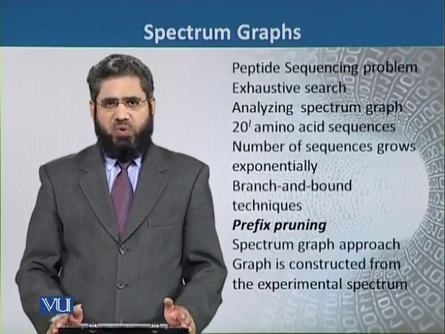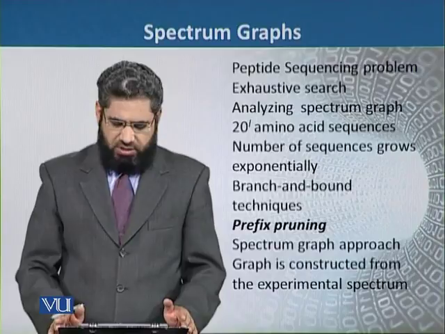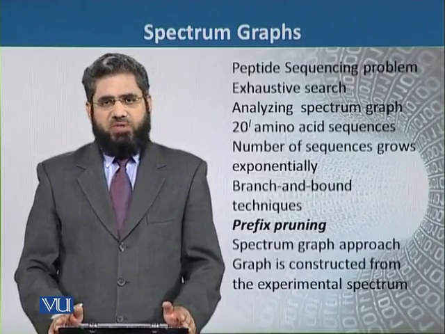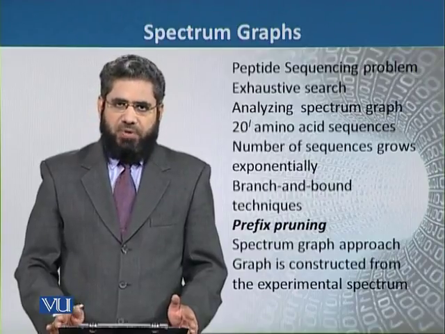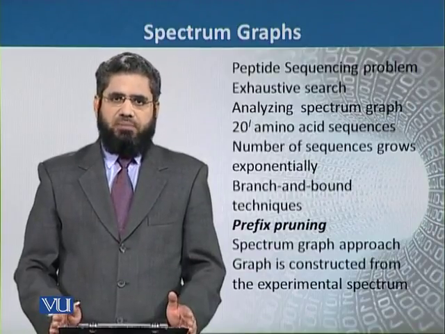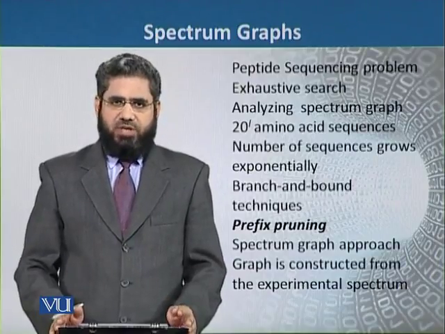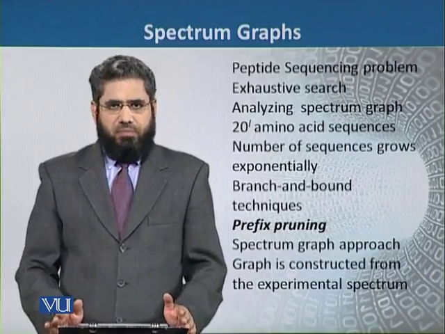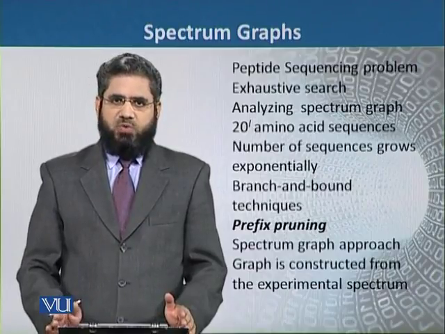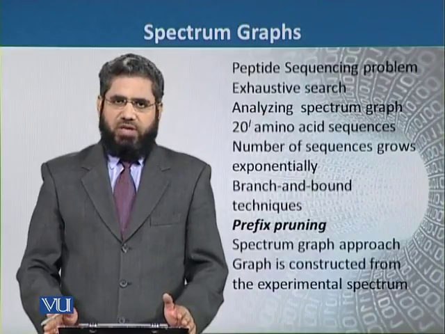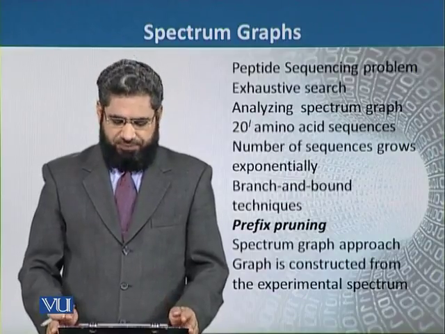To overcome this problem, a technique known as prefix pruning is used. In this technique, the prefix, meaning the starting amino acids of the peptides, is considered, and the sequence is used to find the match between the theoretical and the practical peptides.